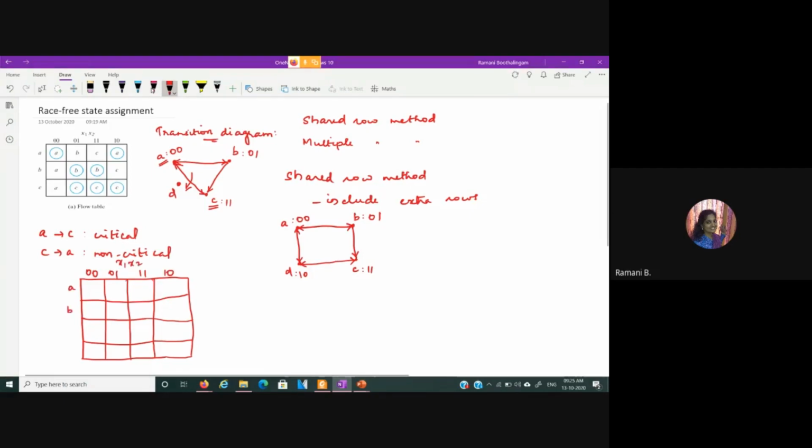As I was mentioning, here we are in the same state A, so no issue. A to B transition, also no issue. For A to C, what we are going to do is go to D and then to C. So from A to B, I give unstable D. Then in the same input condition of D, I will go to state C and then I will go to stable C.